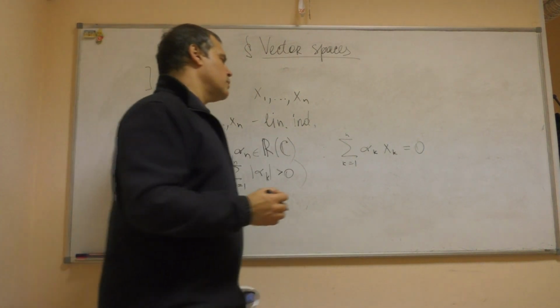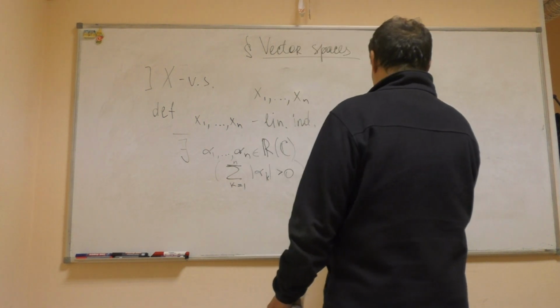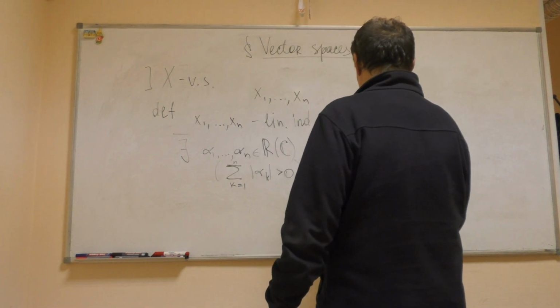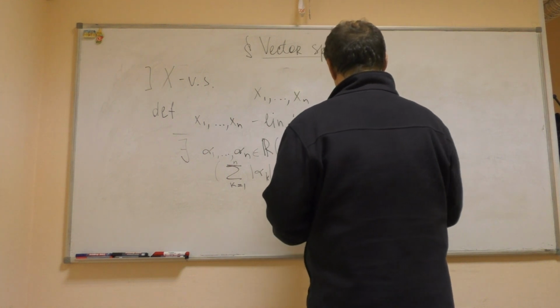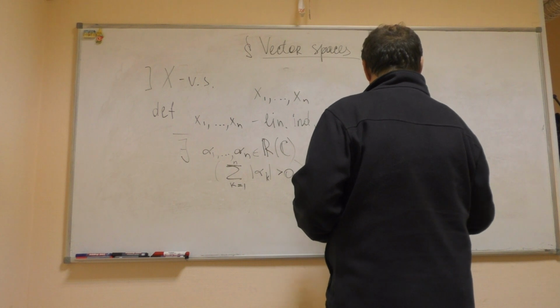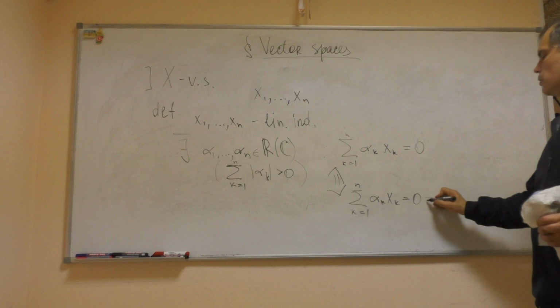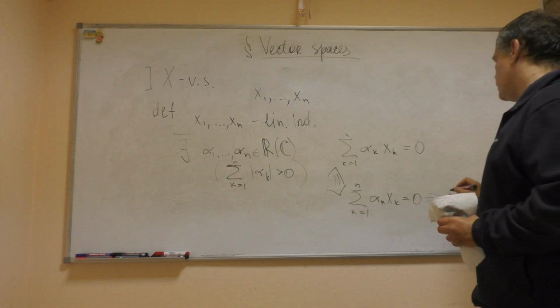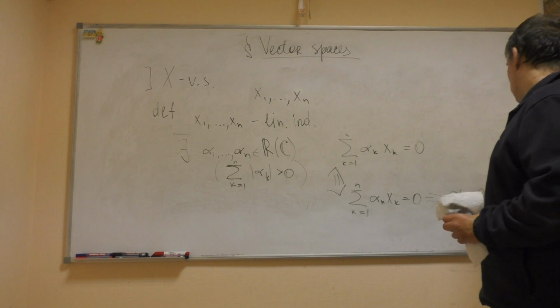So it's equivalent to the fact that if some linear combination gives us 0 element, it happens only if all coefficients are 0.